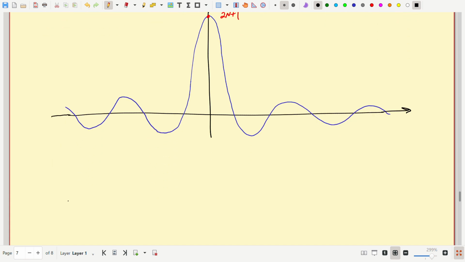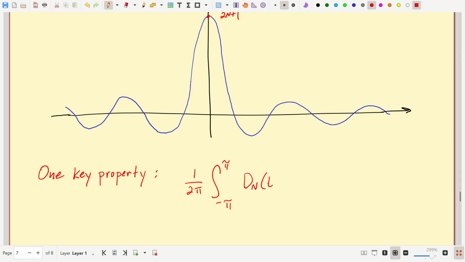An important key property of the Dirichlet kernel is that even though it looks like it's pretty wild, the integral, if you add up all the areas, plus and minuses of the areas under those humps, is that the 1 over 2 pi integral from minus pi to pi of the Dirichlet kernel dt is 1.